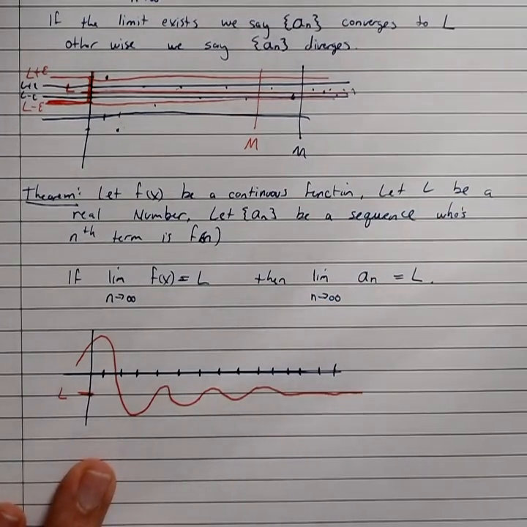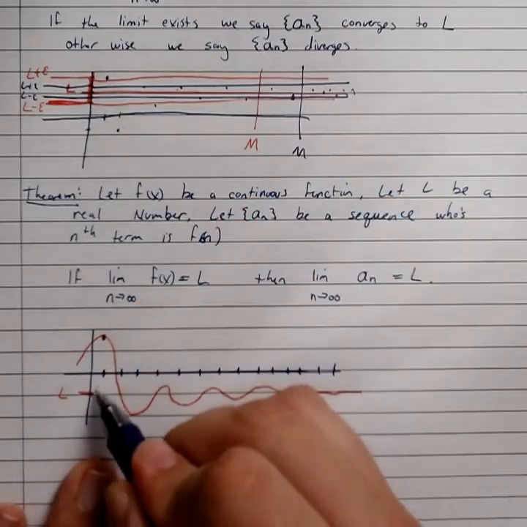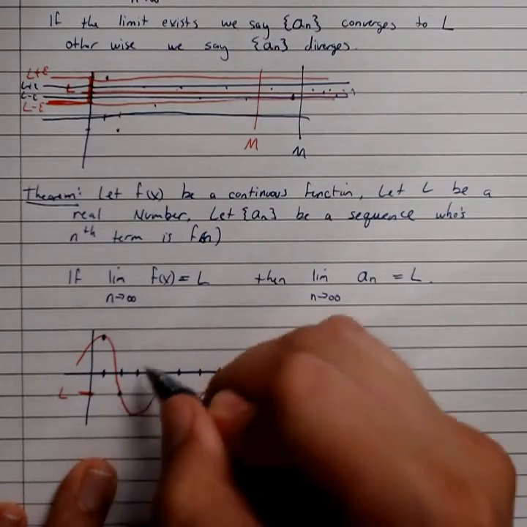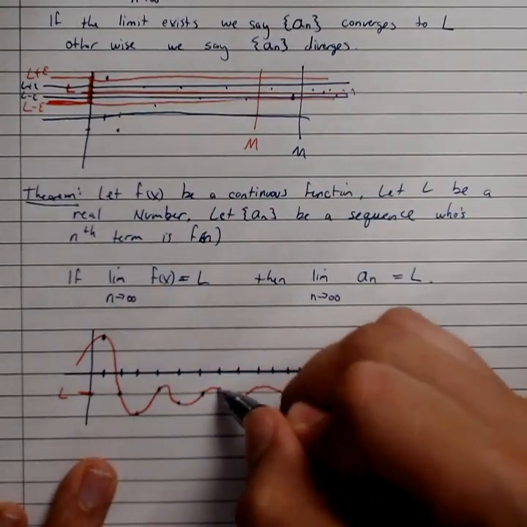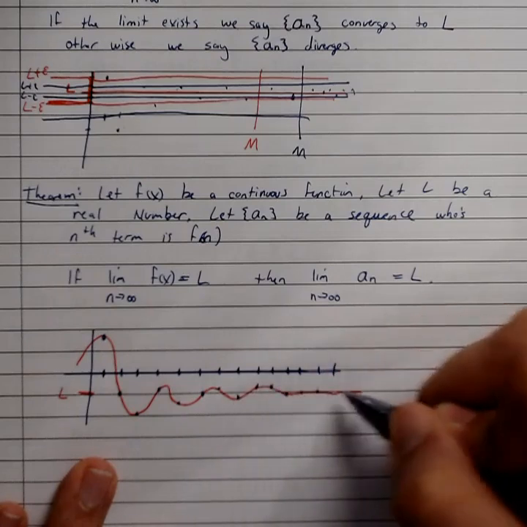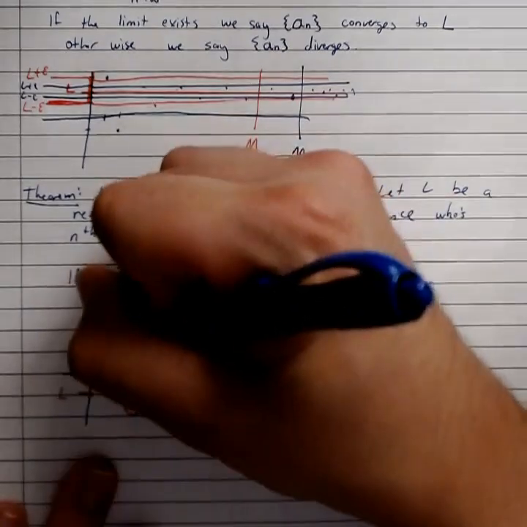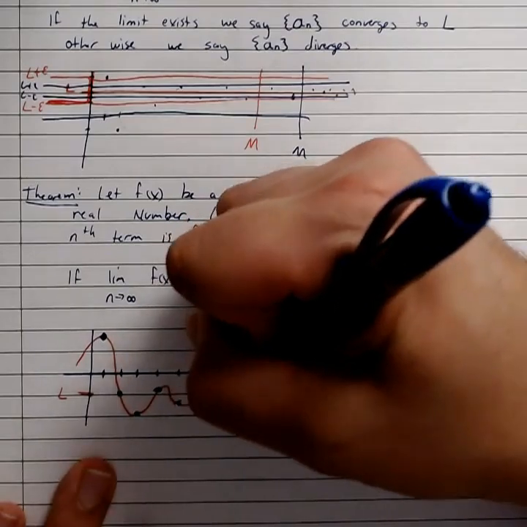So here, let's say that's 1, 2, 3, 4, 5, 6, 7, 8, 9, 10, 11, 12, 13, 14, like that. Now, if I took the points on the curve that correspond to those values of x, notice those points are restricted to that line.